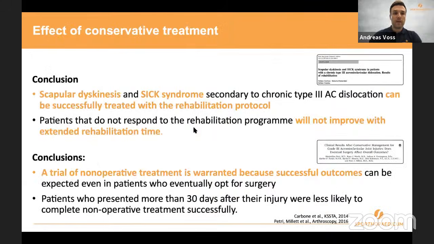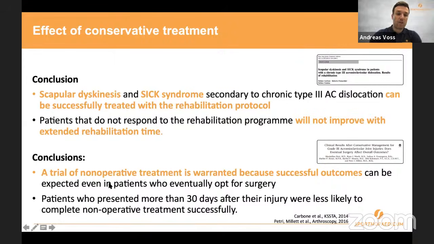So in conclusion, the scapular dyskinesia secondary to chronic type 3 AC joint dislocation can be successfully treated with a rehabilitation protocol. Patients that do not respond to the rehabilitation program will not improve with extensive rehabilitation and might be an option for surgical treatment.